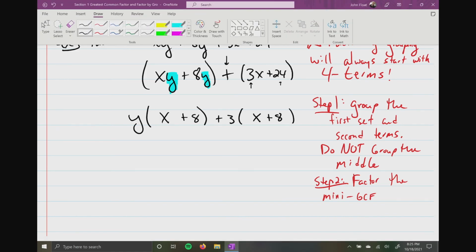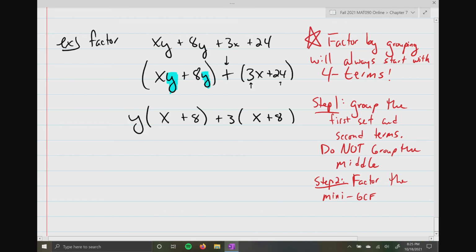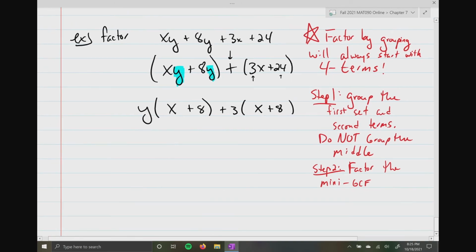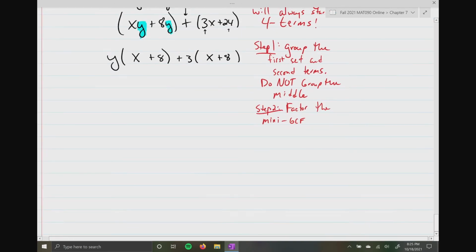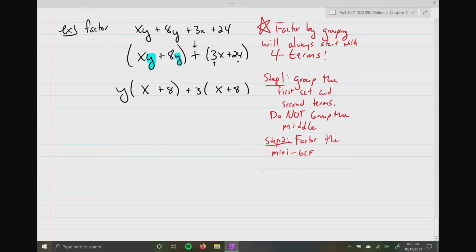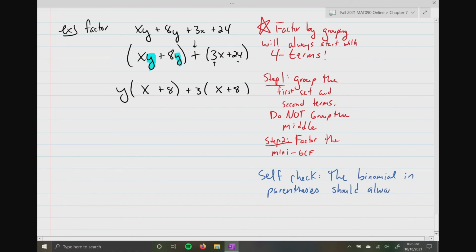Now here's the most beautiful thing about using factor by grouping. Self-check. The binomial in parentheses should always match.